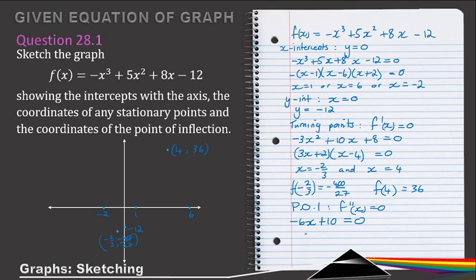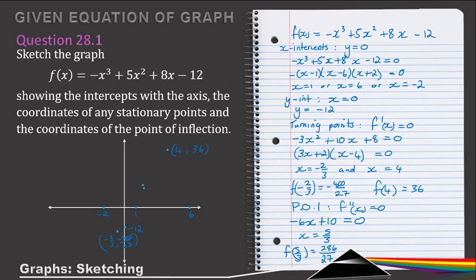And then if I solve for x, I get 5 over 3. And if I substitute in the 5 over 3 into my function, then I get 286 over 27. All right, now we can plot that one.